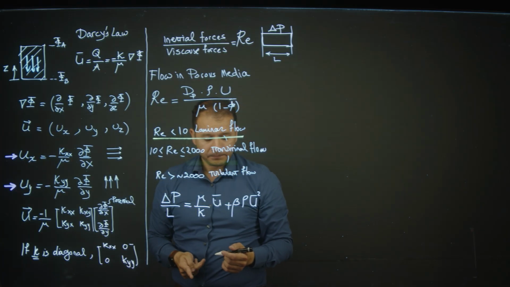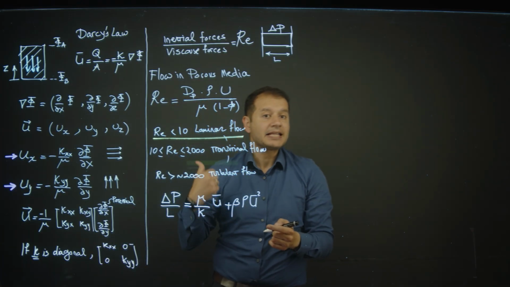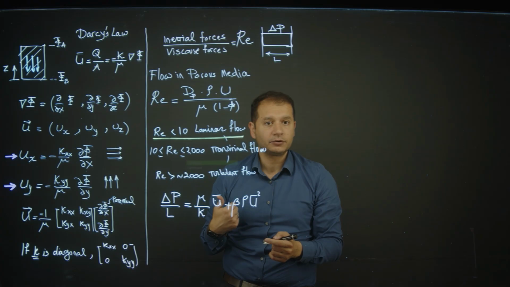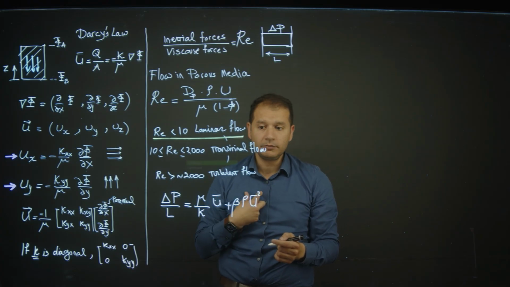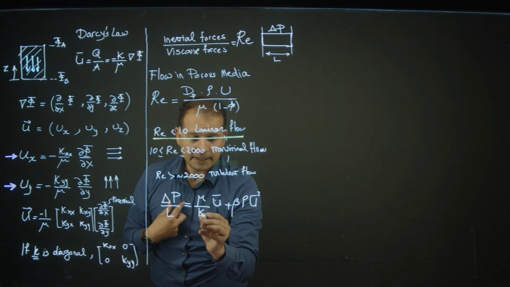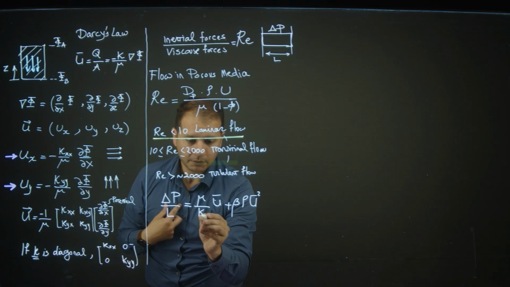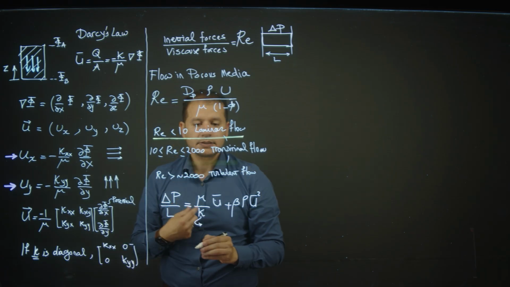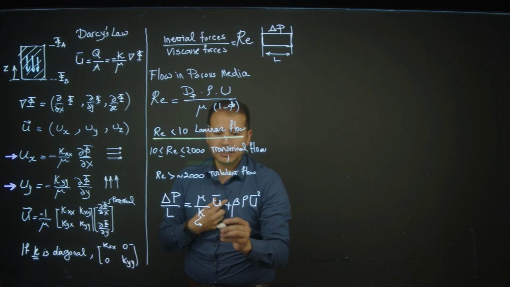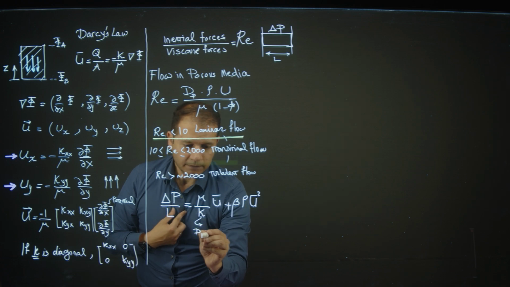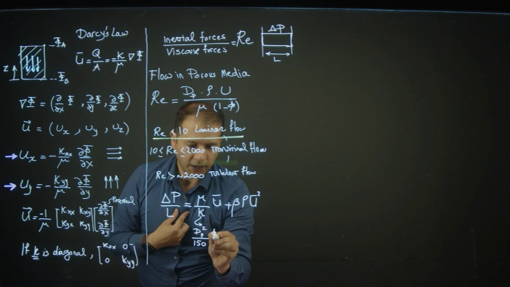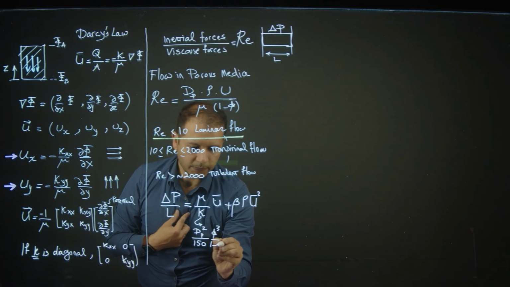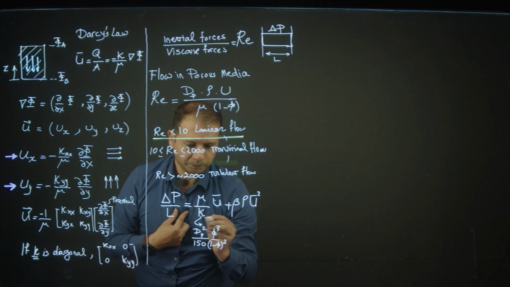So what are these factors? We know from the sandpack experiment before, the Carman-Kozeny formula and our bundle of tubes theory, that this K here is known to us to be dp squared over 150, phi cubed over 1 minus phi squared.